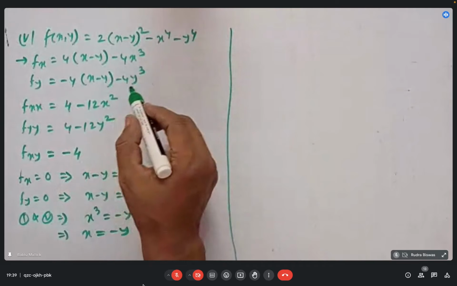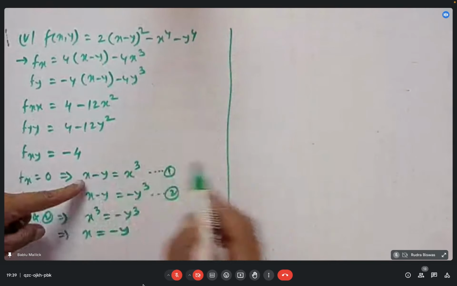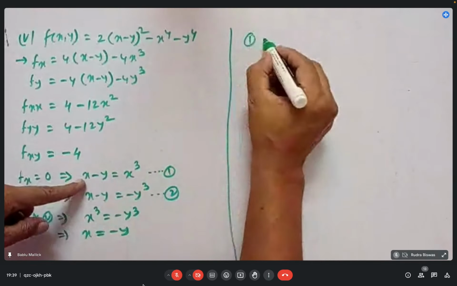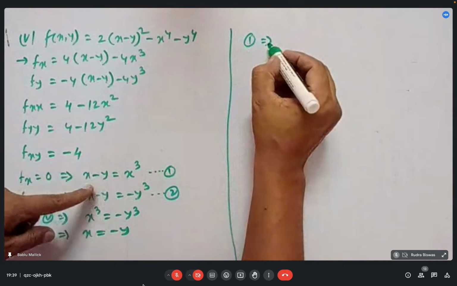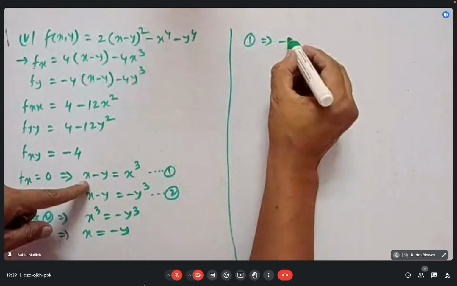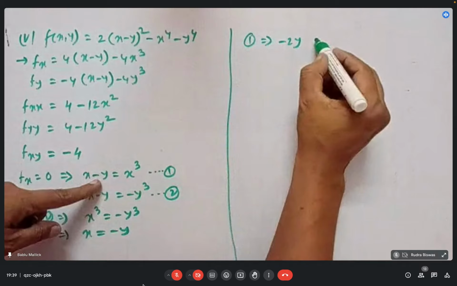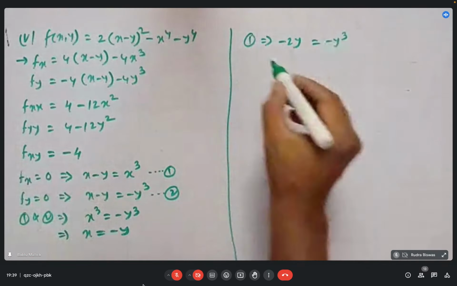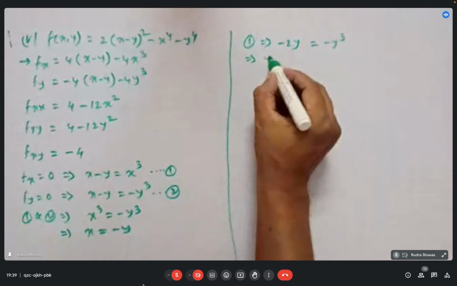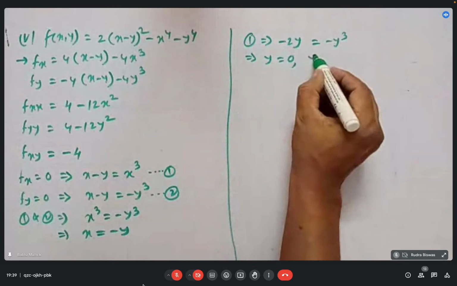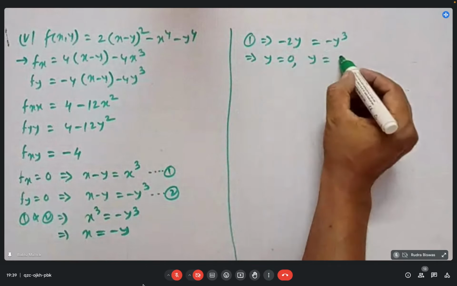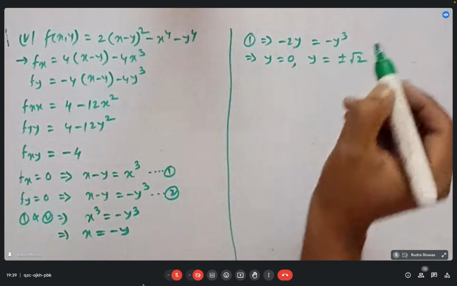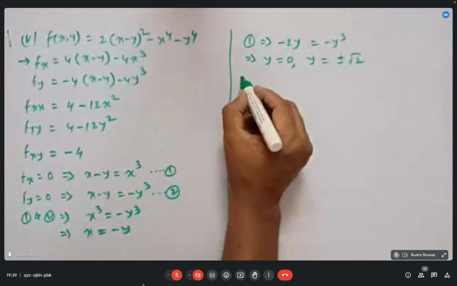If I put here x is equal to minus y, then from 1 we get minus 2y is equal to minus y cube, that is y is equal to 0 and y is equal to plus minus root 2.